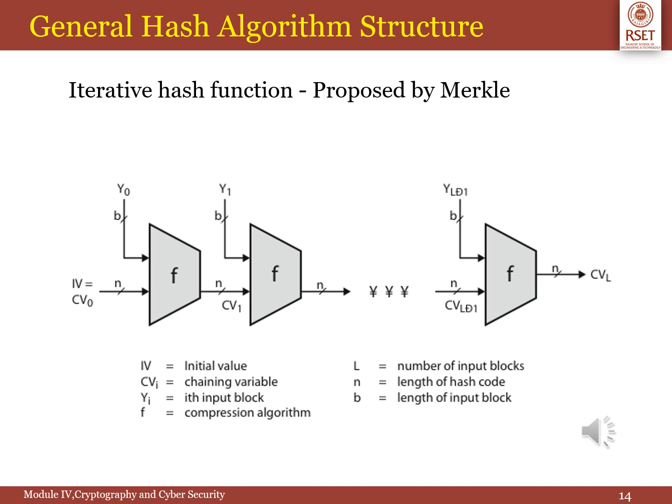At the start of the hashing, the chaining variable has an initial value that is specified as part of the algorithm. The final value of the chaining variable is the hash value. Often, b will be greater than n, and hence the term compression.